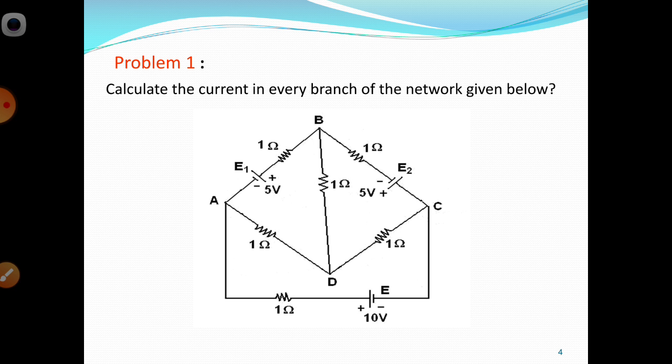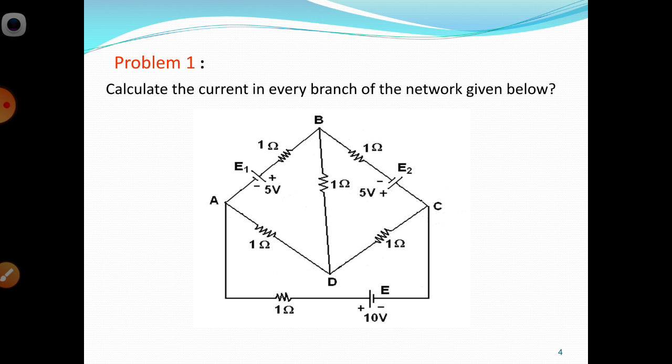So 10 volts is connected across the AC terminals, and it has 4 branches, AB, BC, CD and AD. At the same time another branch is also connected, BD. In the Wheatstone bridge we connected BD as a galvanometer.